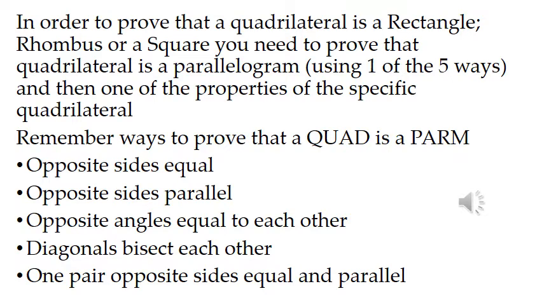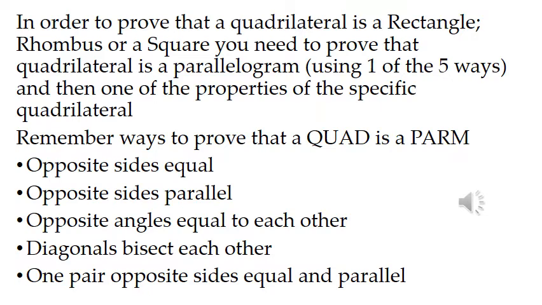The first is that you need to prove that your quadrilateral is a parallelogram, and you can do that using one of the 5 ways that we learned about last week. The second part is you then need to prove one of the properties of that specific quadrilateral. We're going to look at those properties in a few seconds.